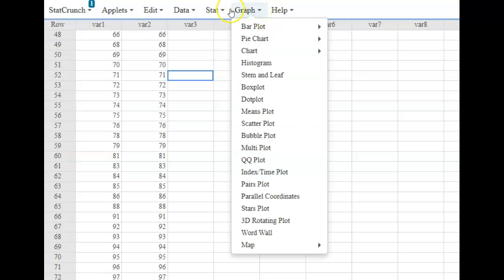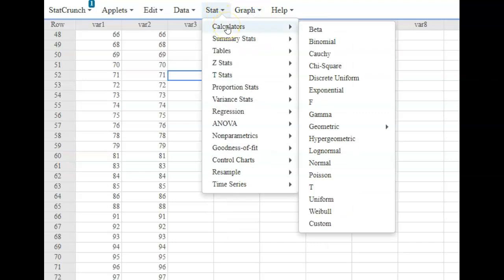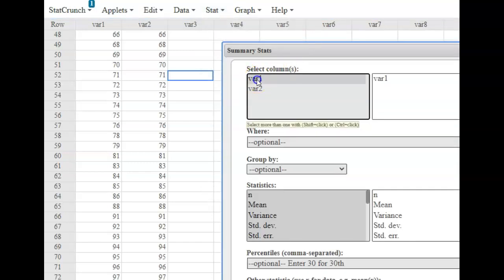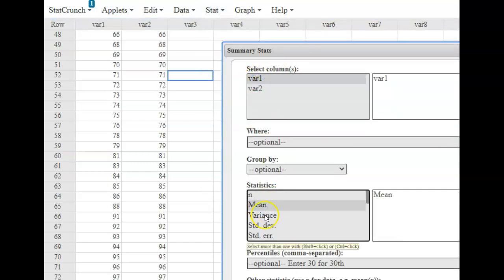So let's see. If I do the summary stats, I'm going to do var1. I'm going to find the mean and the median.